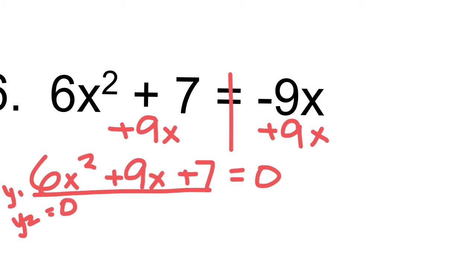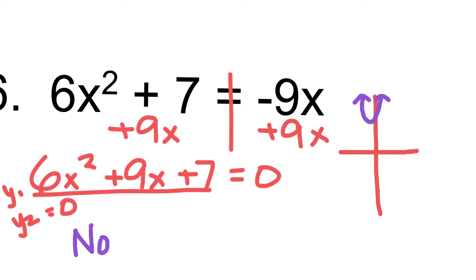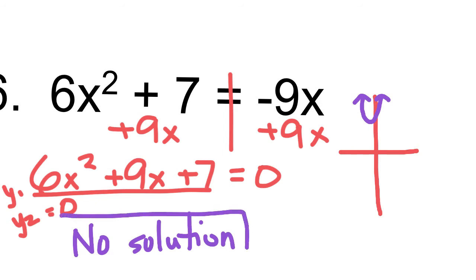Now as you do this and put it into your calculator, you'll notice something odd about it. You should be able to see that this quadratic function doesn't intersect the x-axis, and that means there is no solution. And that's your answer. If it doesn't intersect the x-axis, there are no x-intercepts, there are no roots, there are no solutions.